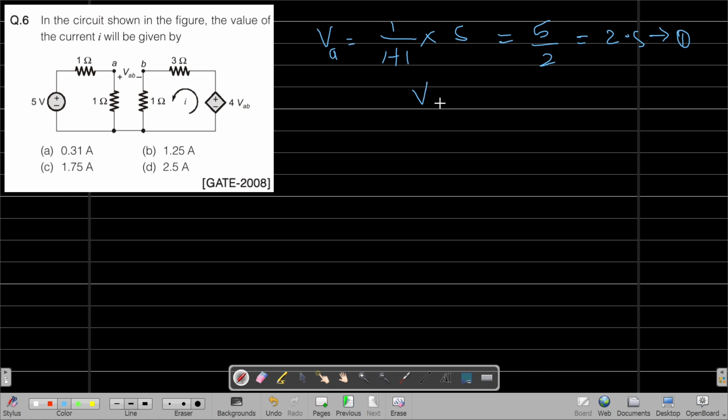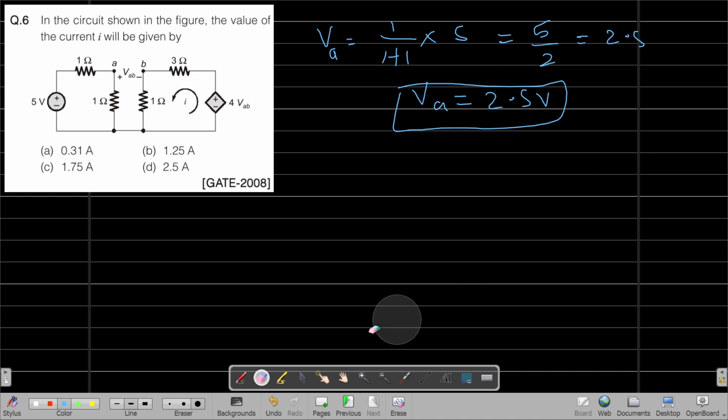So we get VA equals 2.5 volt, and this is equation 1.